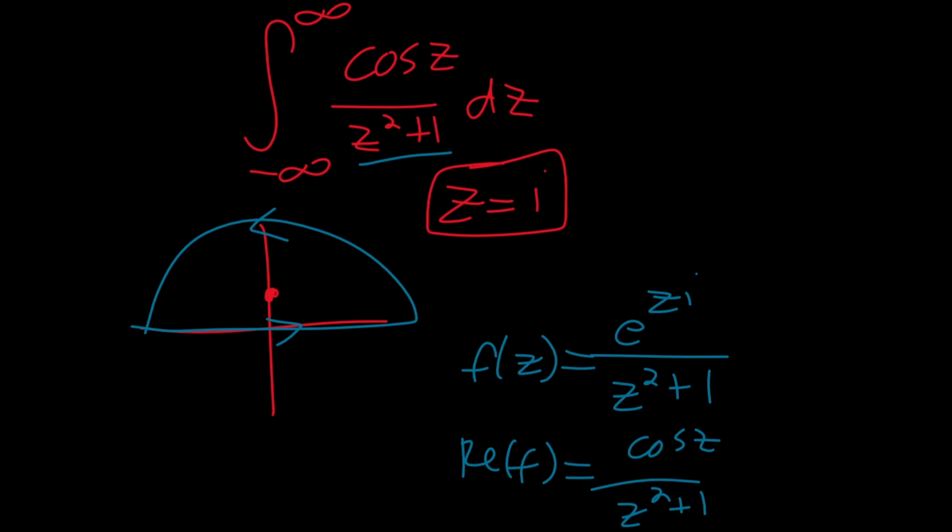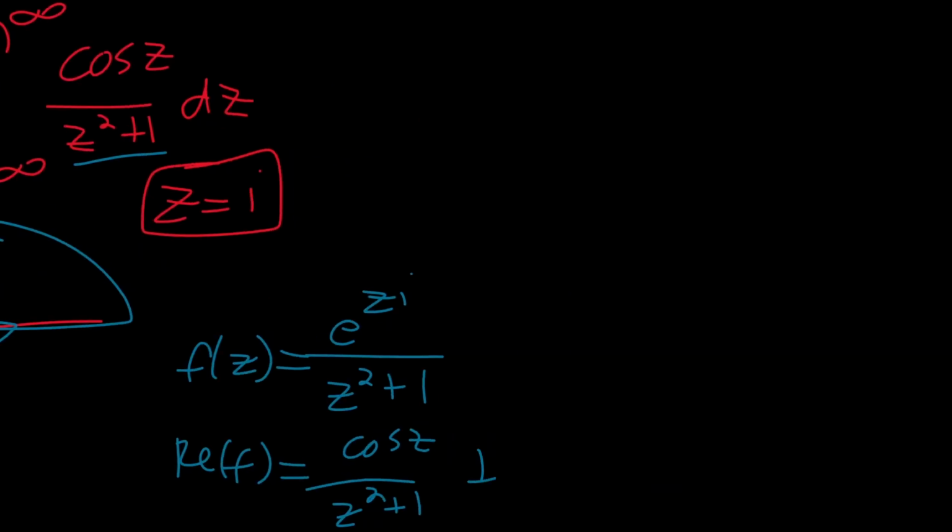This is one of the reasons I also brought up Euler's identity, because it's used a lot in integration like this. You have cosine of z over z squared plus 1. And then if you also take the imaginary part, it isn't as important because it's not our integral, but the imaginary part is just going to be sine of z over z squared plus 1.